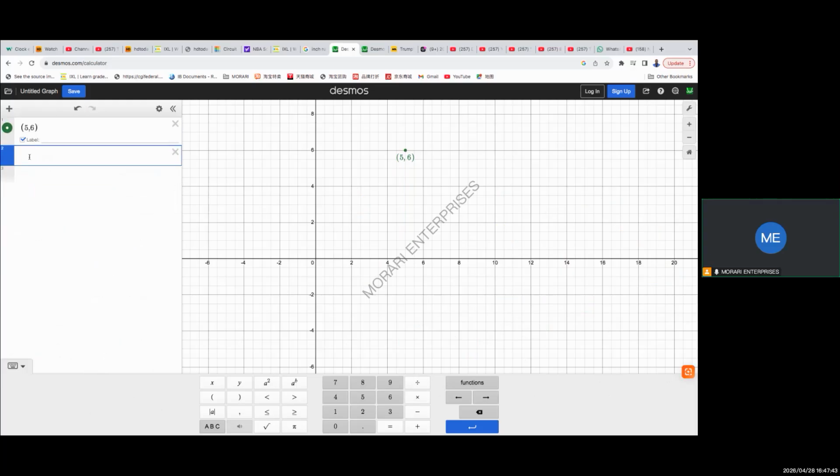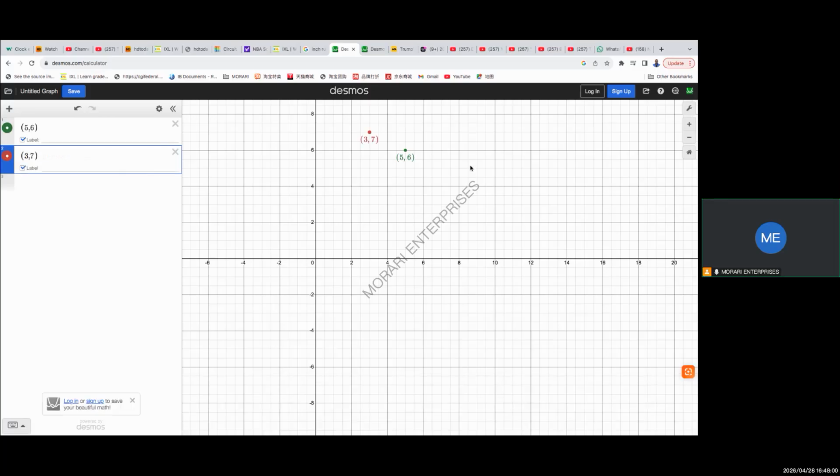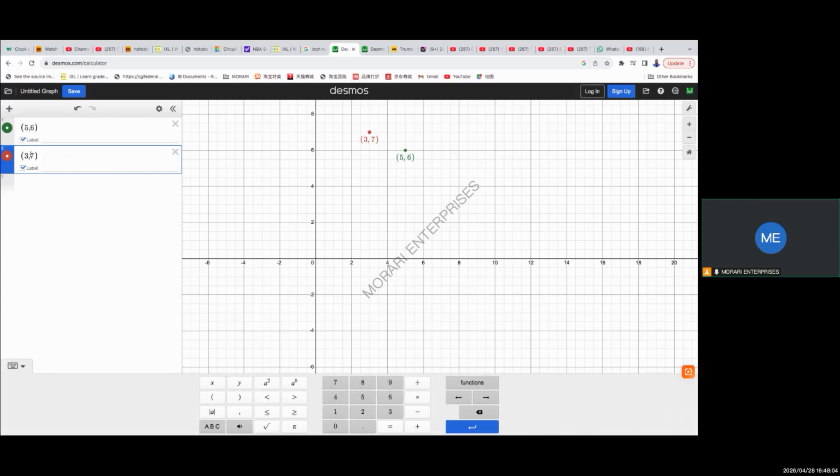Give me another point. 3i minus 7j. Okay, let's see how that goes. 3i minus 7j, to plot that is just 3, 7. We label it. Oh, that's plus. You said minus. Okay, -7.